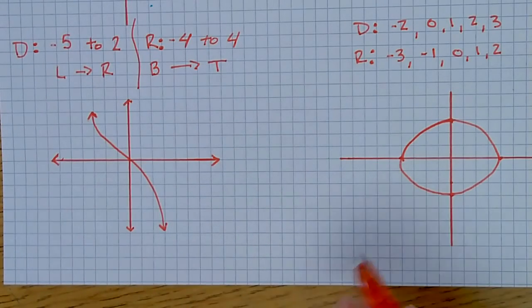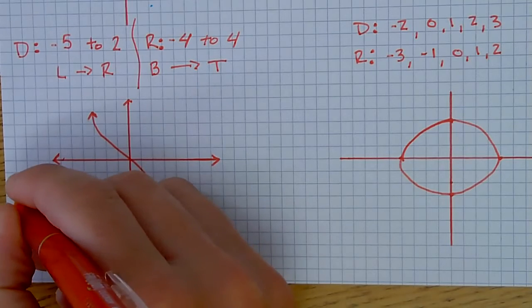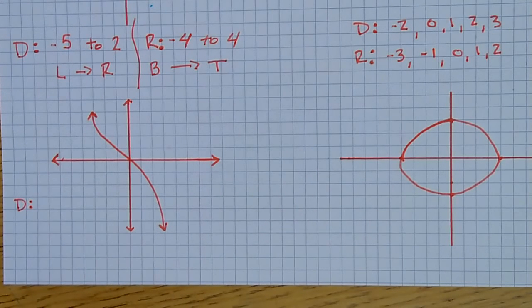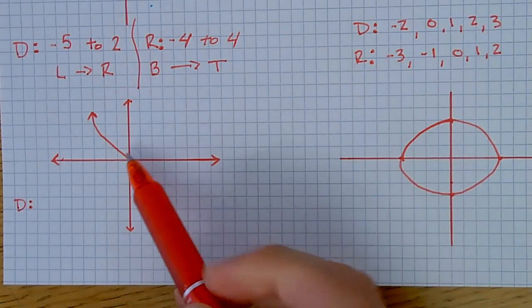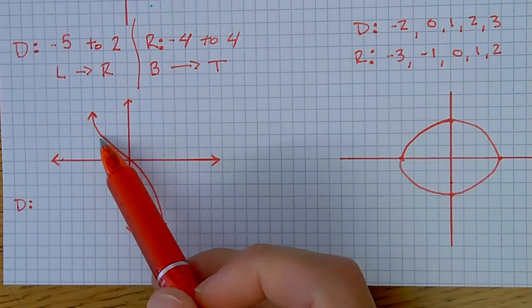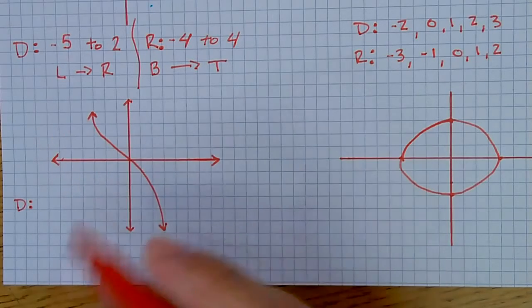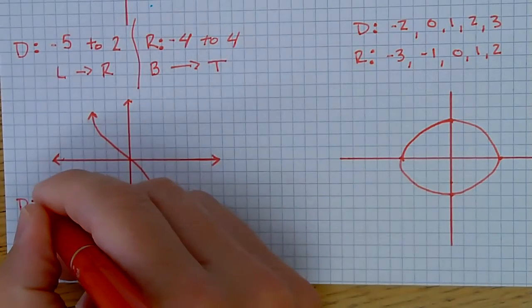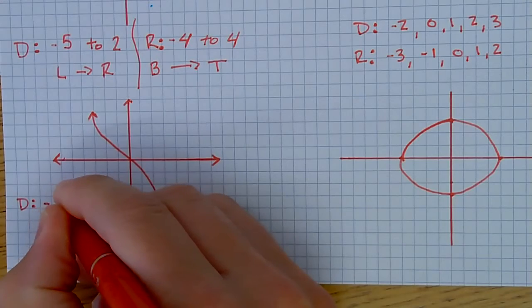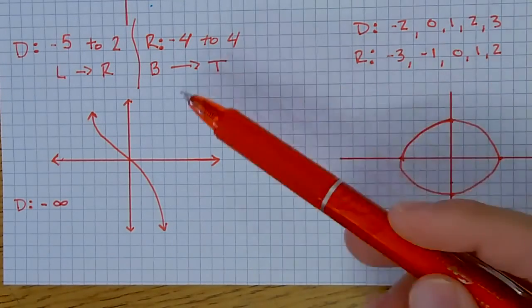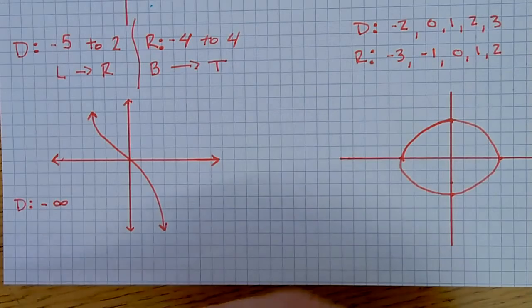Same thing with this one. So when we are trying to identify the domain, what is my furthest value to the left, I understand the graph keeps going to the left. With that arrow, it just keeps going and going. So my furthest value to the left is going to be negative infinity. It just keeps going to the left forever and ever.